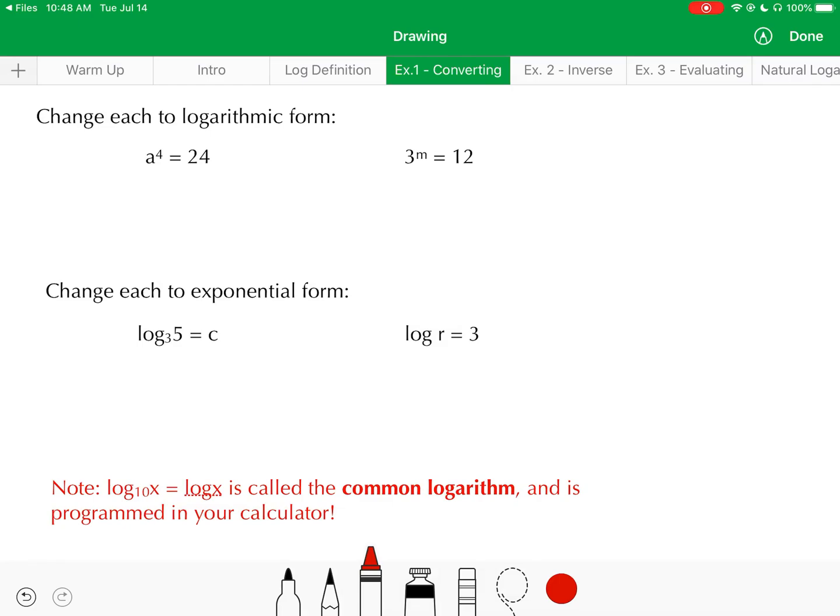So at the top here, we have a couple exponential equations. We want to change them to logarithmic form, okay? a to the power 4 equals 24. This would be equivalent to log base a of 24 equals 4, okay?